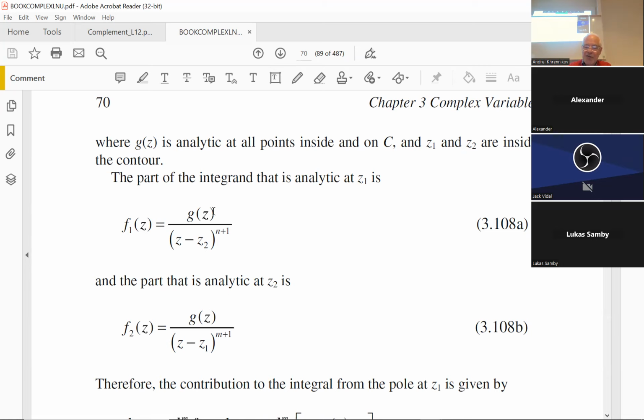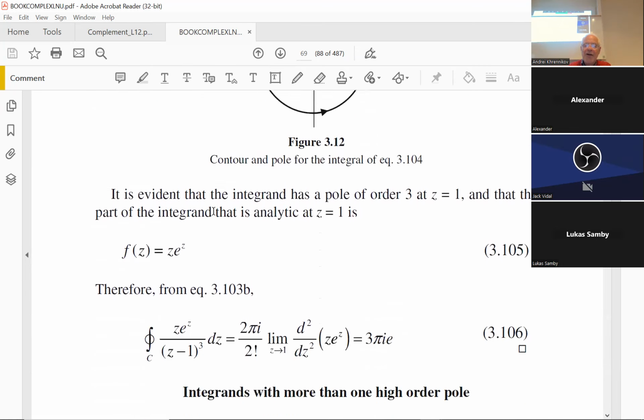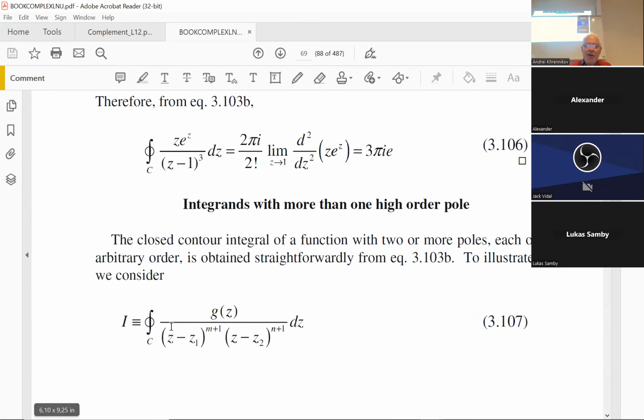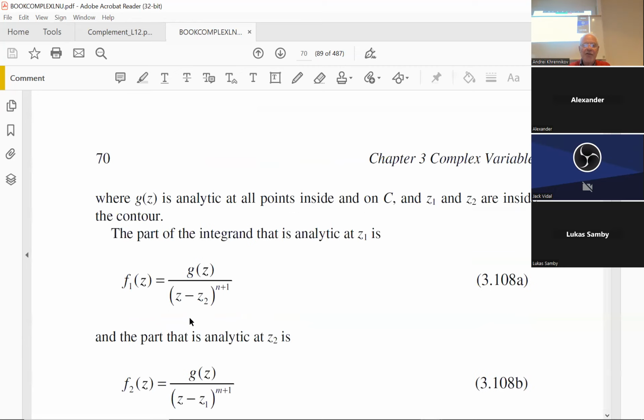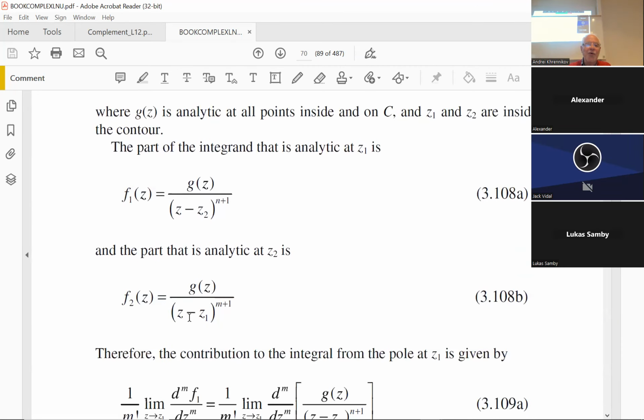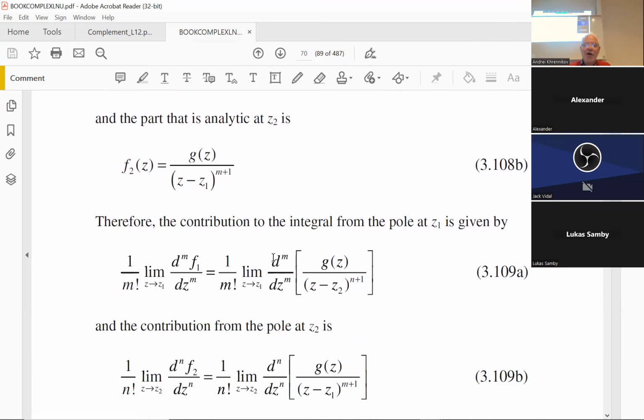We take, this is more or less the same machinery. To work at this pole, this function, the rest is analytic. So this function is analytic at this pole, and this function is analytic at another pole. And we apply this formula, calculate the derivative of the function.